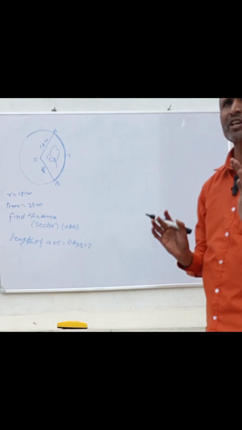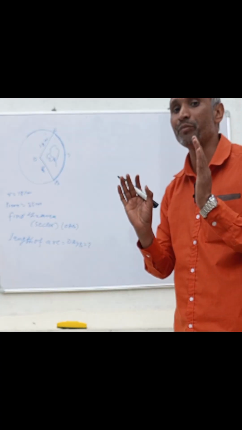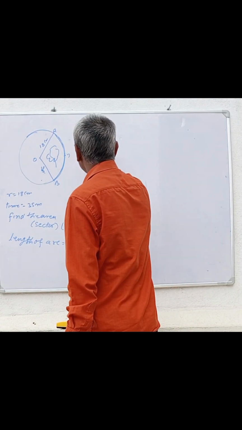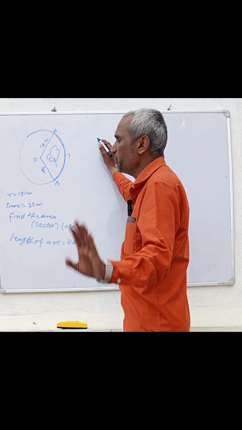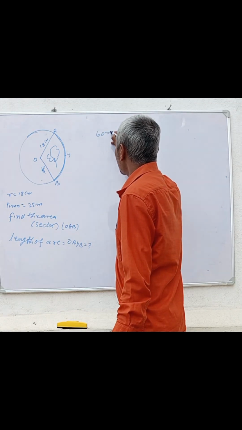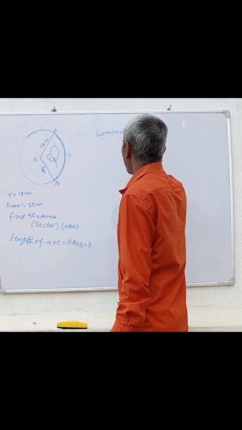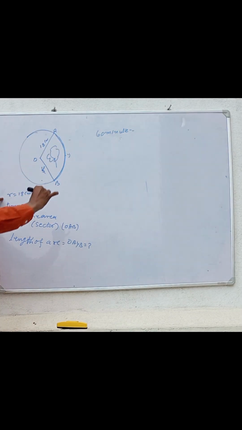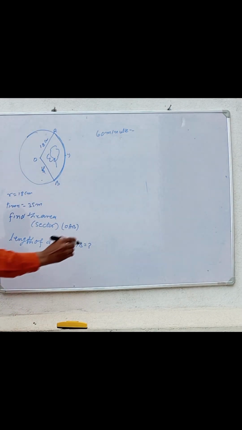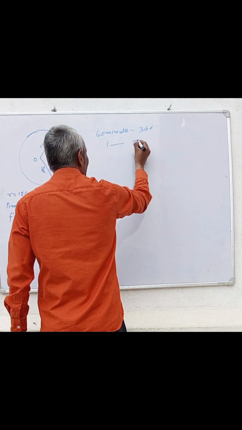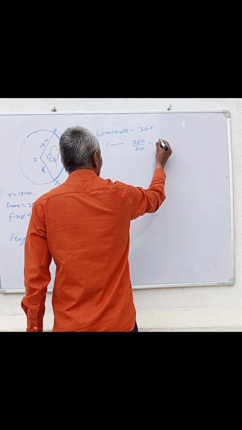We have to find first how much angle is formed by the minute hand in 1 minute. You know in a clock there are 60 minutes in 1 hour, and the total angle of a circle, one full round, is 360 degree. So in 1 minute, 360 by 60 is equal to 6 degree.